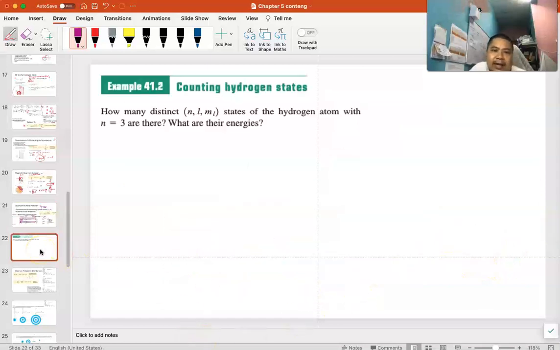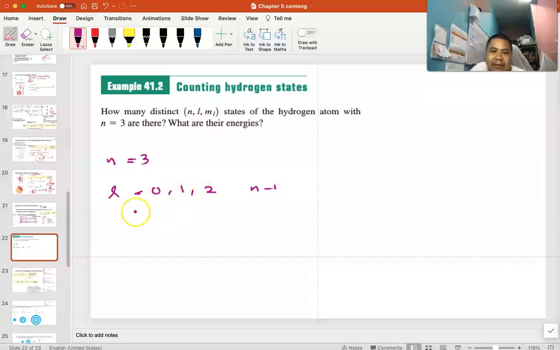Lepas tu kita buat example kat sini: how many distinct hydrogen states? States tu maksud dia ialah berapa banyak tempat yang boleh elektron duduk. Kalau N3, L boleh dari 0, 1, 2, sebab dia N minus 1.